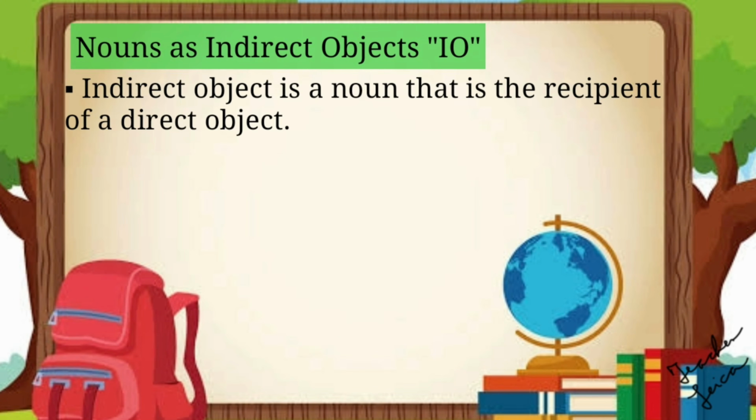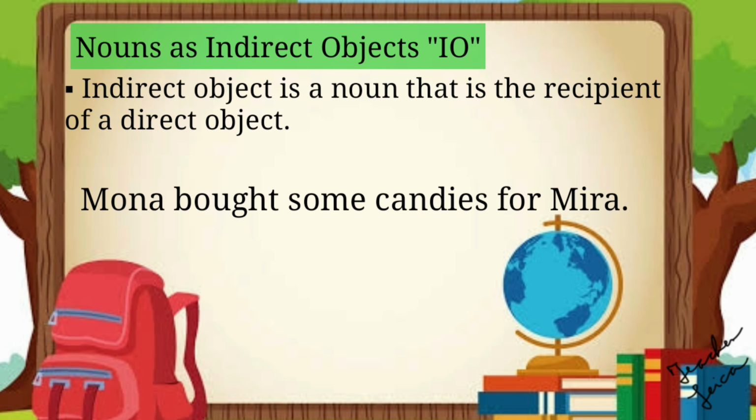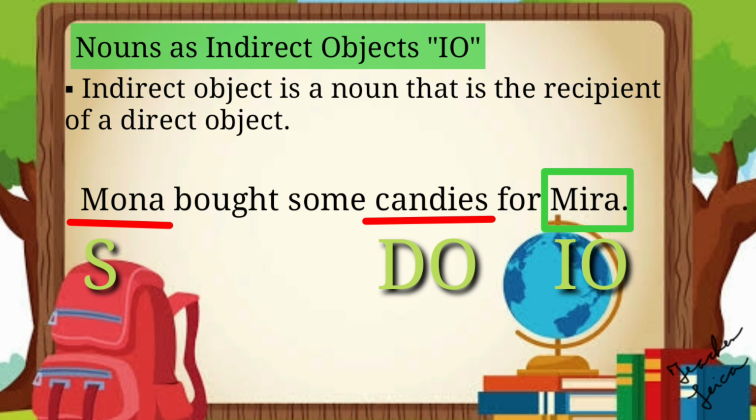If we have direct object, we also have the indirect object. What is indirect object? Indirect object is a noun that is the recipient of a direct object. Example, Mona bought some candies for Mira.